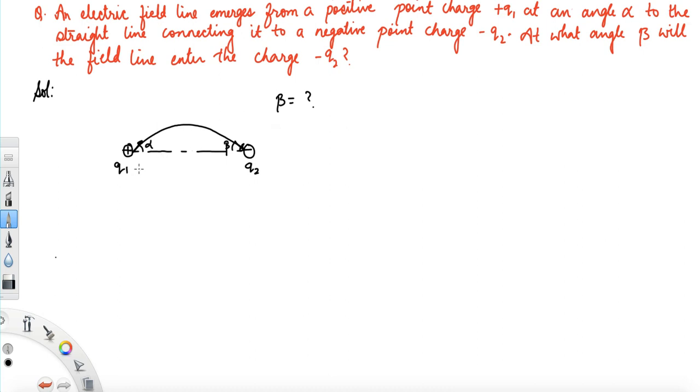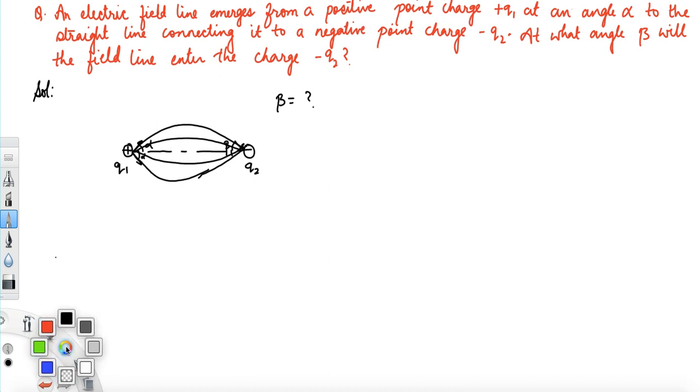In order to find it out, we can think of electric flux. So if we consider a surface envelope, and symmetrically, let's say this angle is also alpha and beta. This surface envelope in three dimensions is going to cover all the electric field lines within the envelope, right?